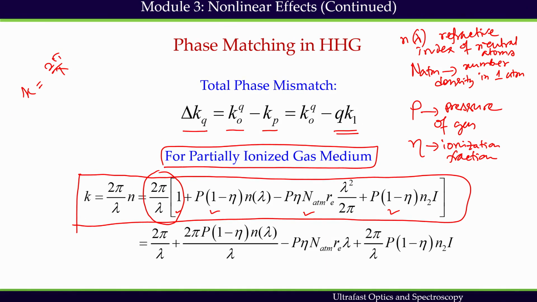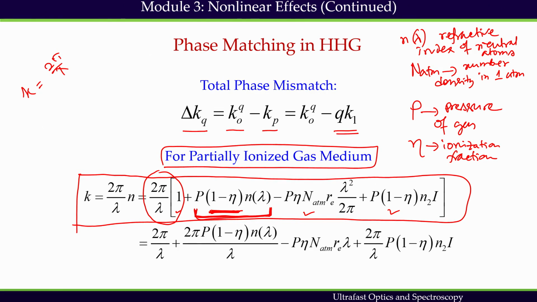That's why the first term is the vacuum propagation. The contribution coming from neutral gas dispersion is from the second term. So 1 minus eta, where eta is the ionization fraction, means that 1 minus eta is the neutral fraction of molecules in the gas medium.